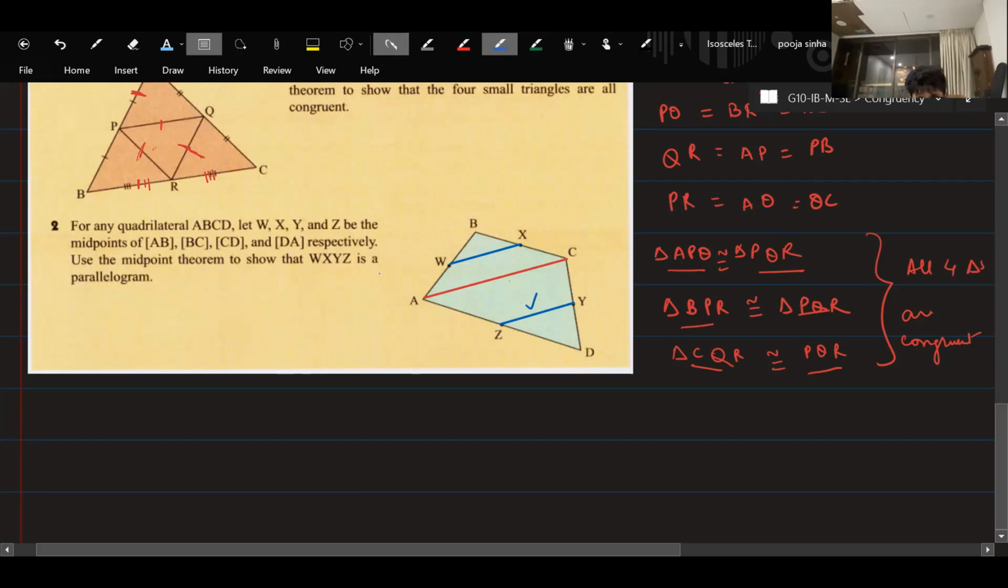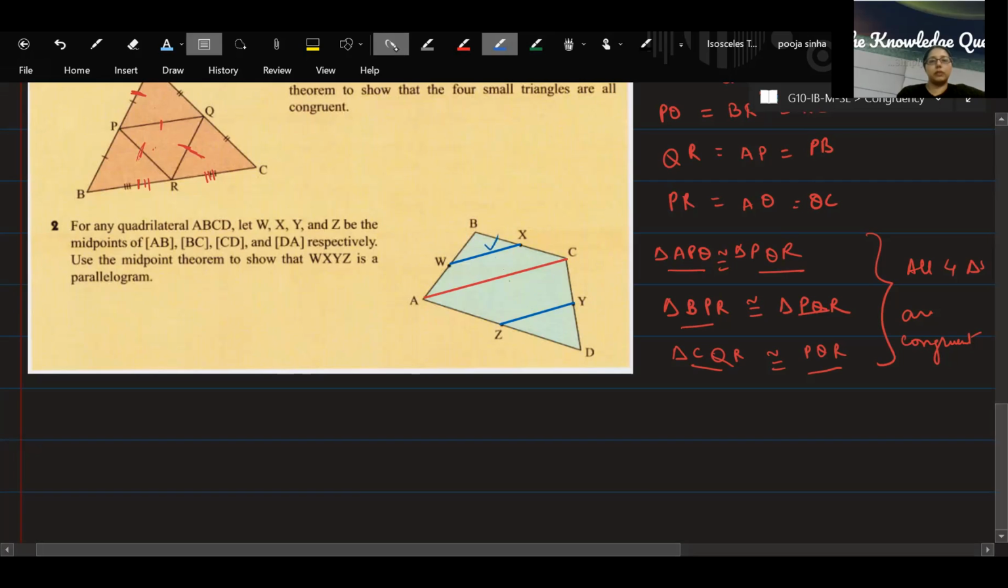Equal and parallel. So now I conclude that WX is equal to ZY and WX is parallel to ZY.